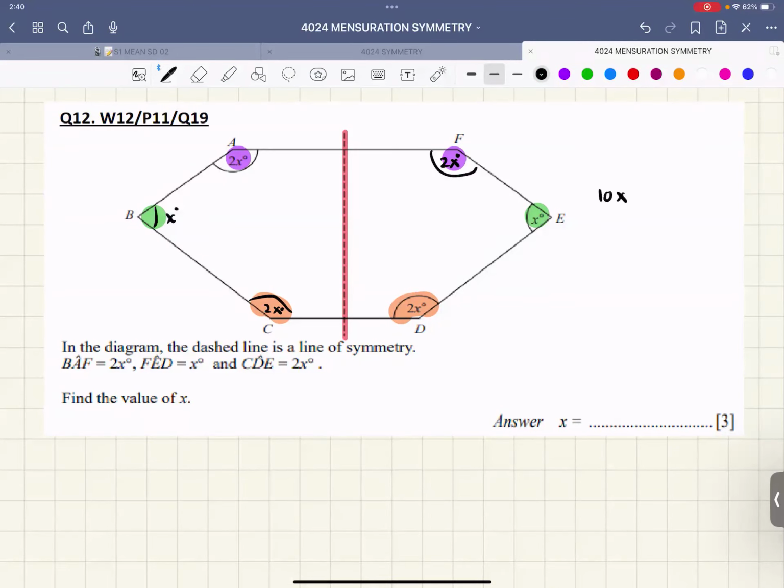This is 10x degrees, which equals, how many sides does it have? 1, 2, 3, 4, 5, 6. 6 sides because 6 angles. So that is 6 minus 2 into 180 degrees. So therefore, this is 4 into 180 degrees. And that is 720 degrees, which equals 10x degrees. Therefore, x is 72 degrees. That's the answer for this part.